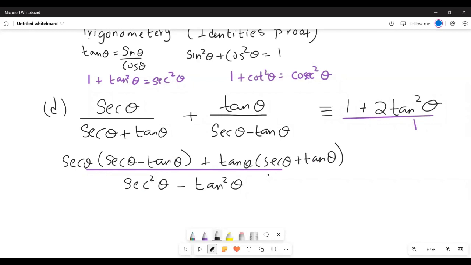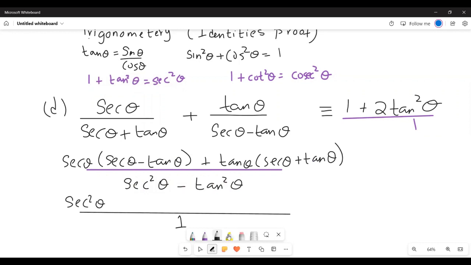So let's first simplify the denominator using this identity. This becomes 1. Secant square theta minus tan square theta equals 1. So instead of the denominator, I'm writing 1. And let's expand the numerator.